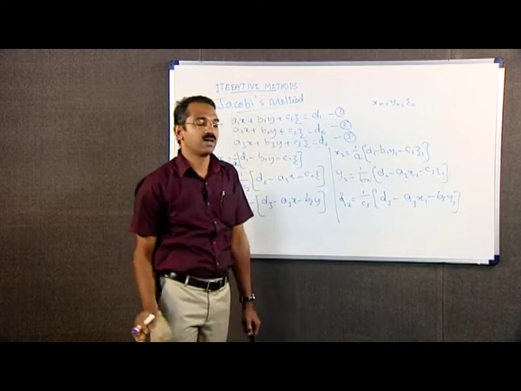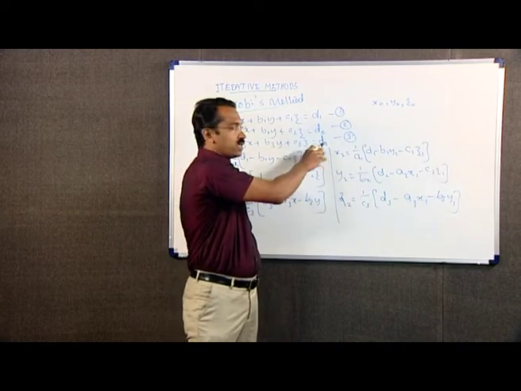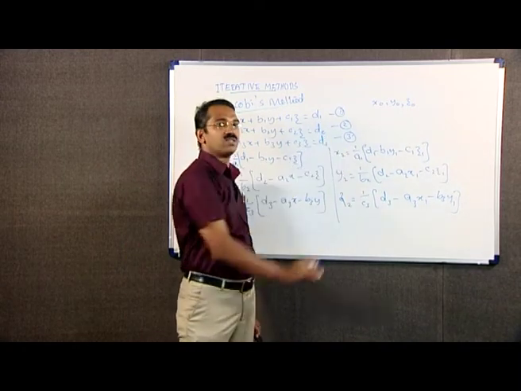These are the approximate values of the solution of the given system in the second iteration.